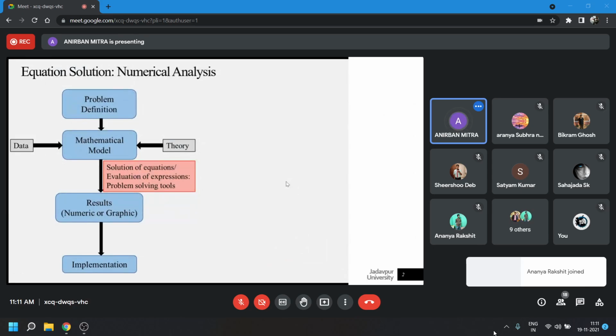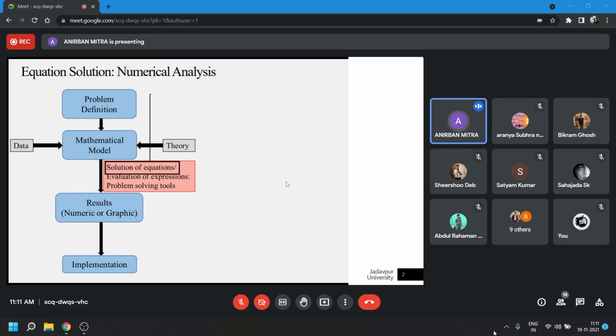So as I was saying, if we are talking about equations, there could be different types of equations, such as nonlinear equations or system of simultaneous linear equations, maybe differential equations, the ordinary form or partial form. So there could be many types of equations. And obviously their solution techniques would be different.